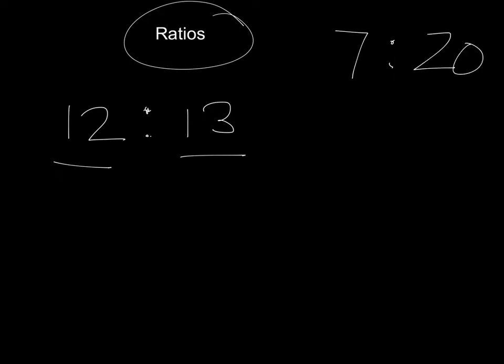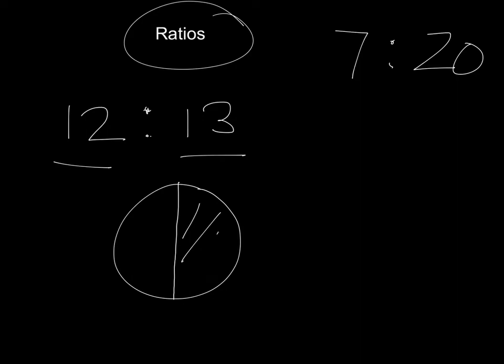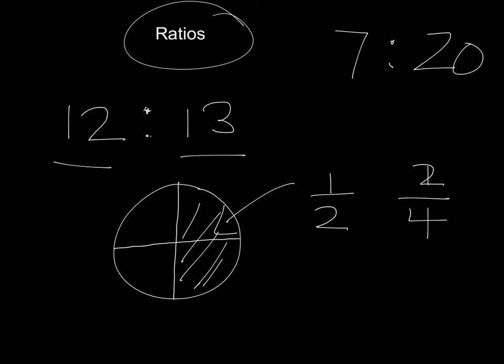Now sometimes we use ratios in terms of equivalent ratios. If you remember from previous years, equivalent fractions are just fractions that are made to be equal. For example, if you had a pizza here, I ate half of the pizza. Well, what if I cut the pizza again into 4 quarters? Now I've also had 2/4, or 2 quarters, of the pizza.